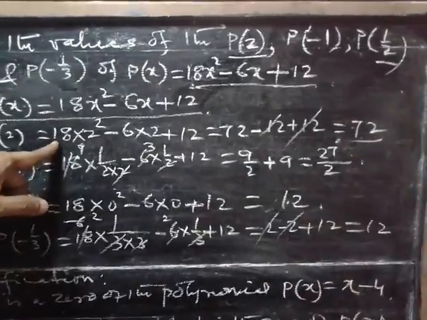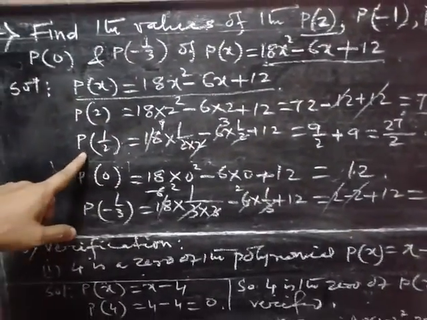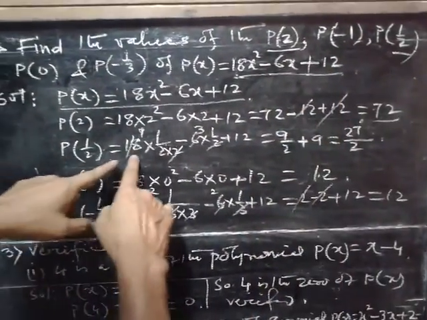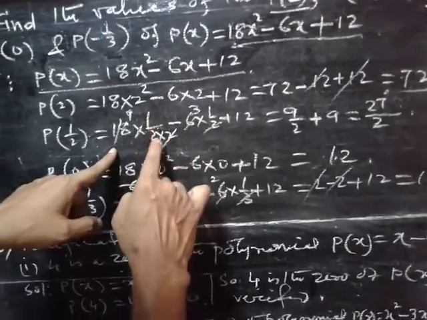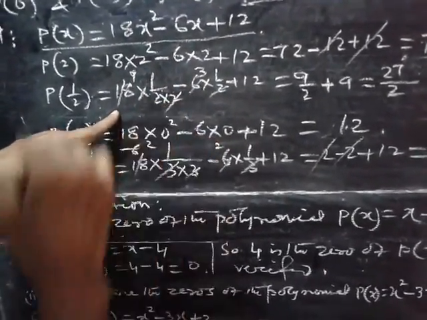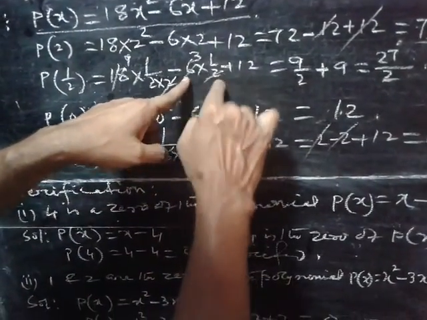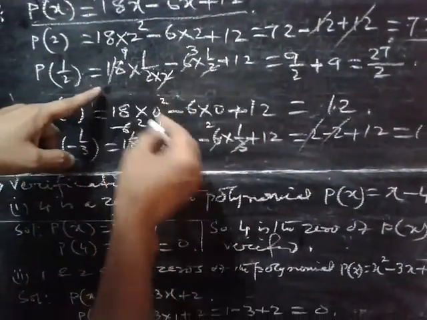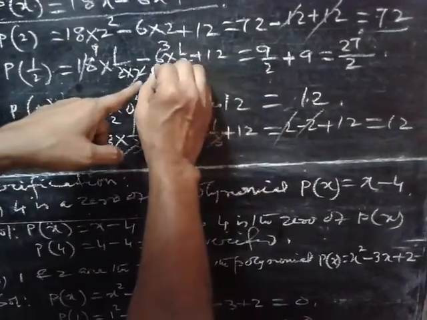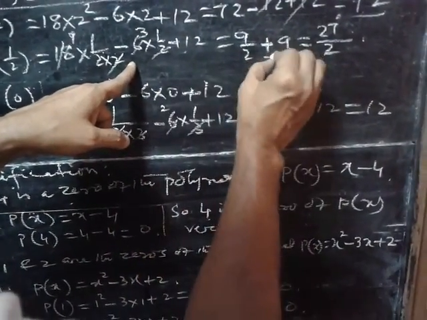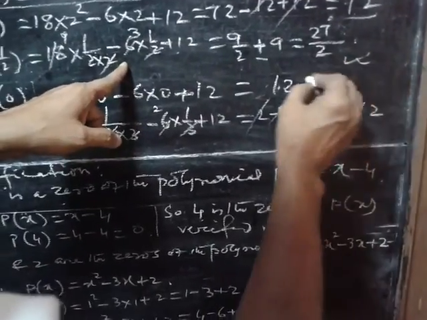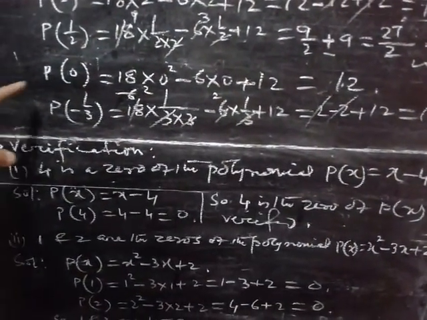It is coming 72. In this way, p(half), where x is there, just put this. x square, half square means 1 by 4, that is 18 into 1 by 4, minus 6 into half plus 12. Just do the calculation. 9 by 2, here is 3, minus 3 plus 12, that is plus 9. So it has come 27 by 2.